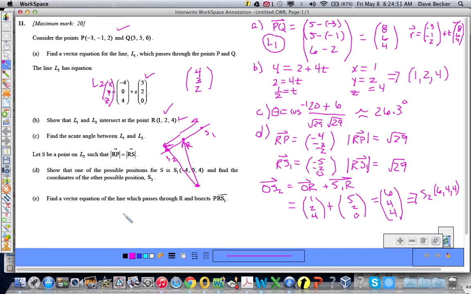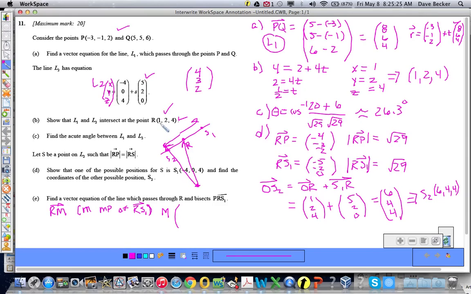Well, I need a point and a direction, but the direction of the vector is going to be RM, where M is the midpoint of vector PS1. Okay, so then the point M is going to be equal to the average of the coordinates of P and S1.